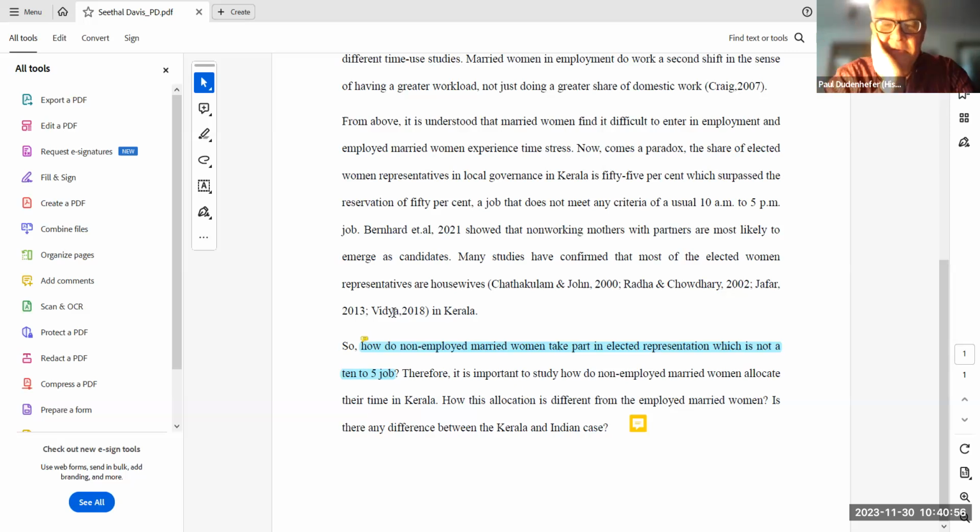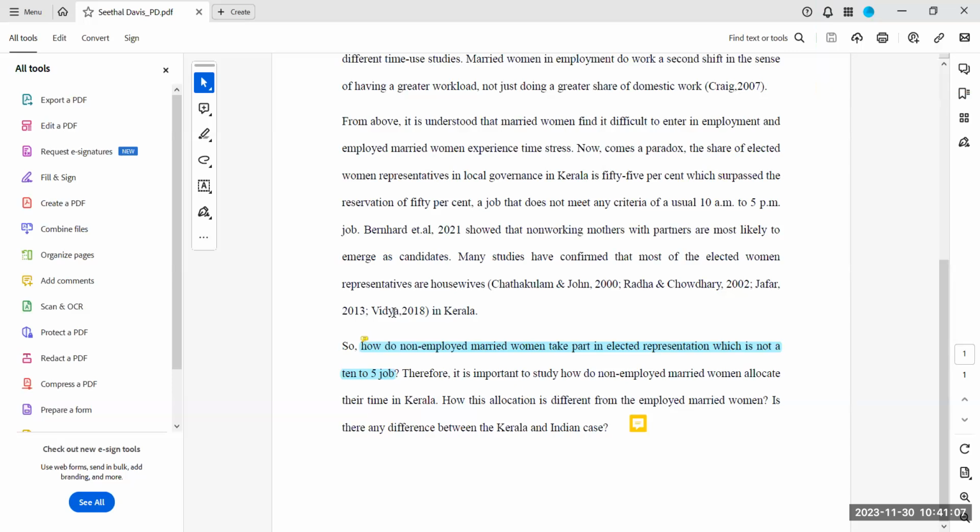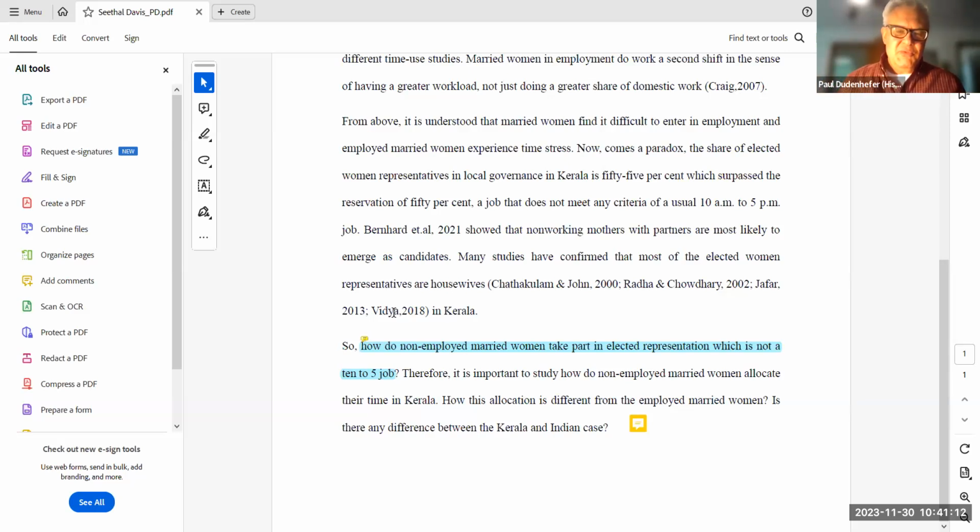I think there is actually a large literature on time allocation. Yes. I'm just trying to think of what would be the literature to situate this in. Let me ask you one more question.